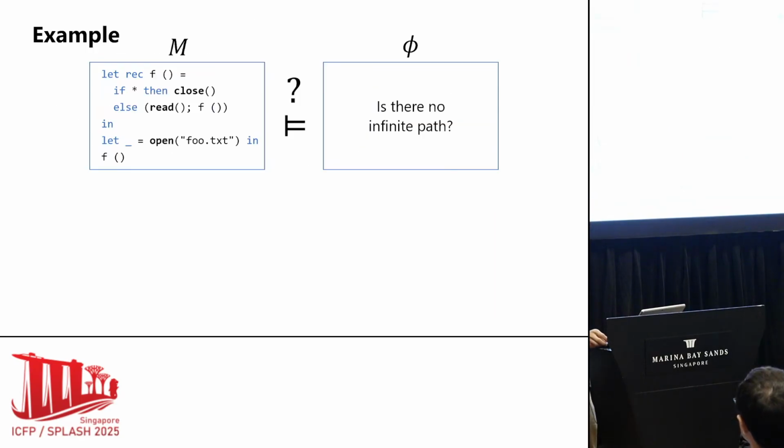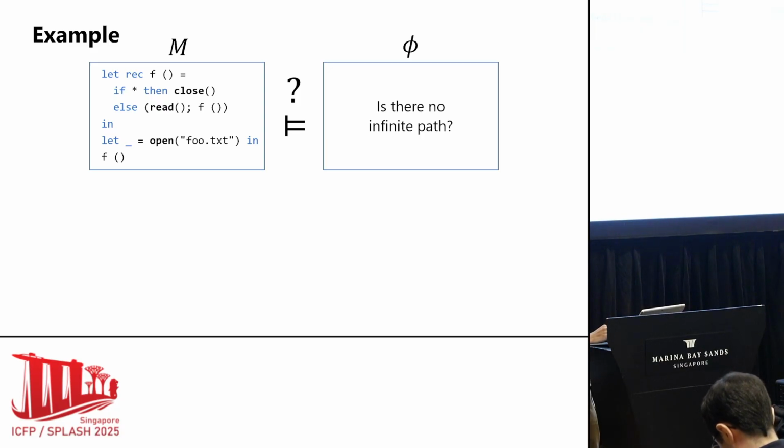Okay, let's see one example here. The program M defines a recursive function f, and within the body it first executes a non-deterministic choice, star. If it returns true, then the close operation is called.